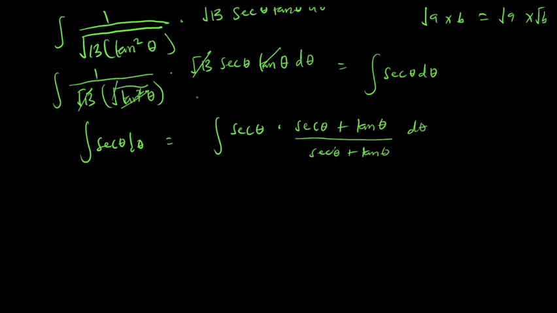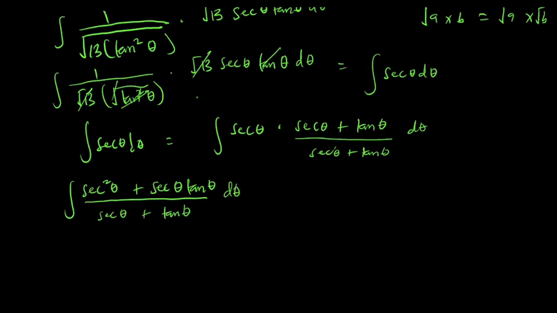So if you multiply out the top, you have sec squared theta plus sec theta tan theta over sec theta plus tan theta d theta, right?